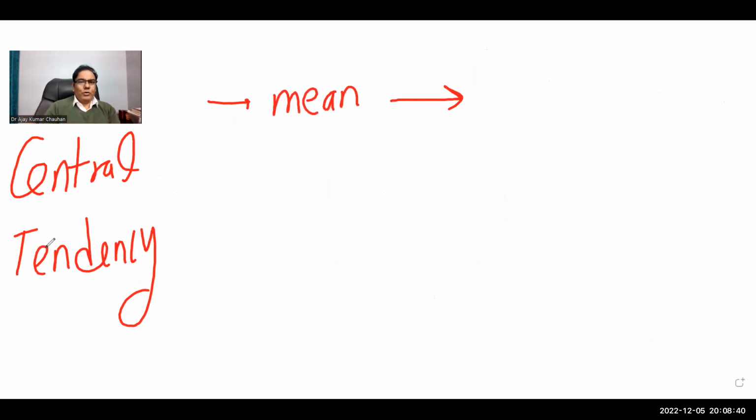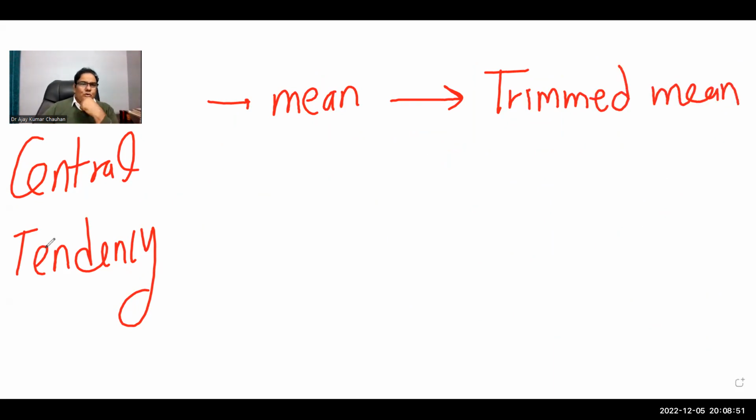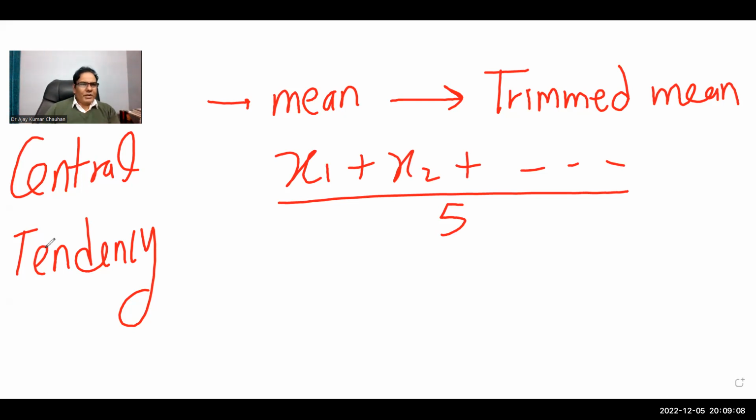And we also have a modified version of mean that is called trimmed mean. Most of you heard about this mean. Mean means average. Suppose you appear in 5 subjects. If I ask you to calculate the average, you can calculate the average very easily. So this is x1 plus x2 plus and so on divided by 5. It is so simple.